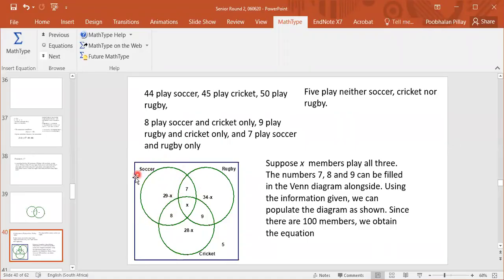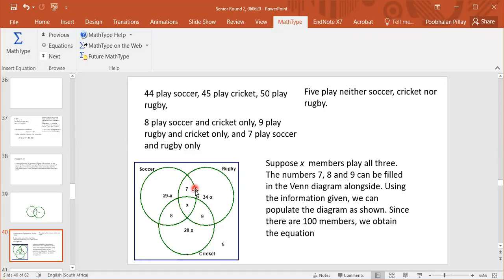Like for instance, all this here, these are the people who play soccer, but they're out of rugby. They're not here, and they're also out of cricket. So these are the people who play soccer only. They don't play rugby, and they don't play cricket because they're outside here. See?